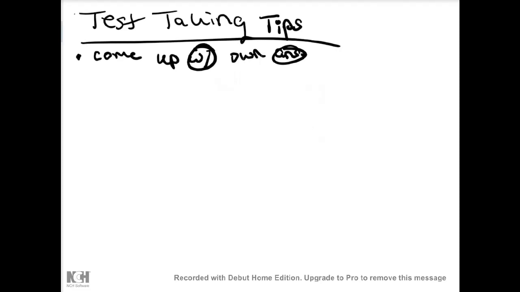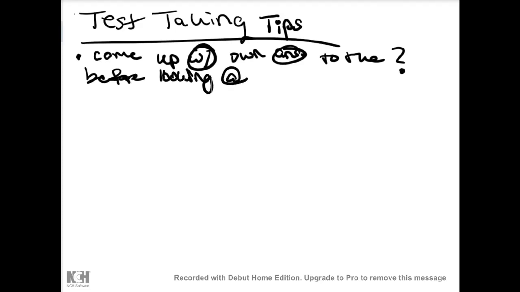So come up with your own answer to the question before looking at the choices, because if you're looking at the choices, then you're not really going by what you know, you're just going by what's given to you. Before looking at the choices. Okay?